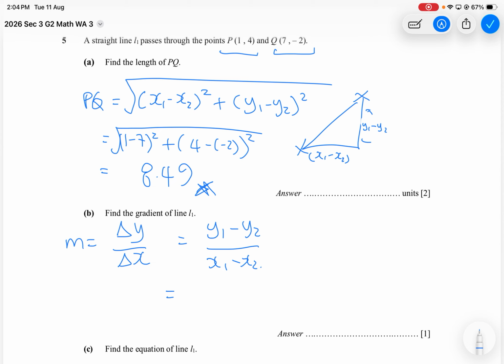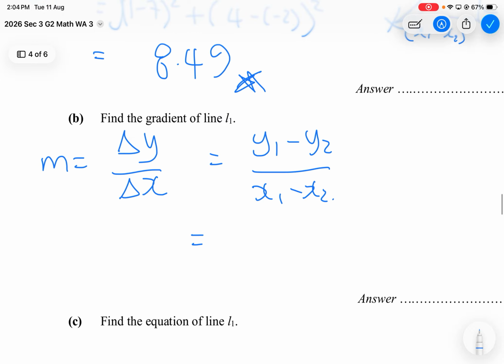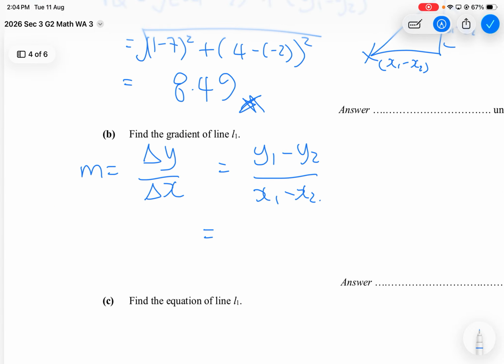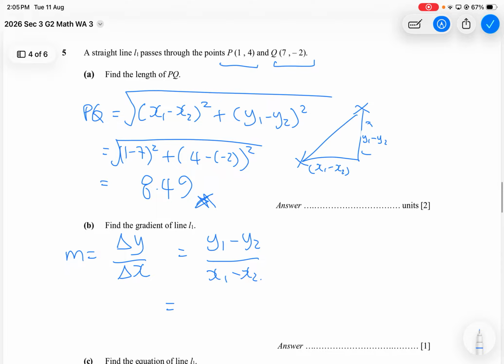These two must be from the same point, which is why x1, y1 belong to the same point. You cannot switch y1 here, x1 here. If you mix them up, your answer will be wrong in the sign. Positive, you get negative. Negative, you get positive. Okay?